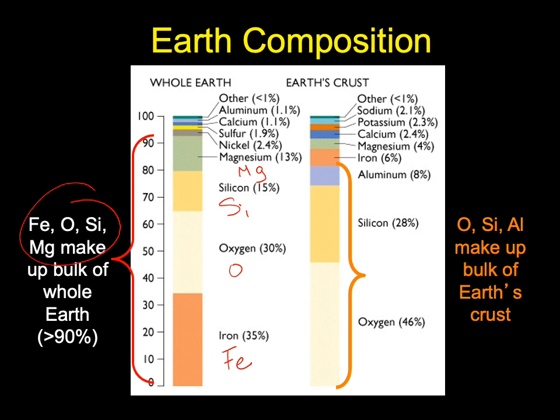If we then look at just the Earth's crust, what you'll notice is that there's a couple of elements that are still very abundant in the Earth's crust, namely the silicon and the oxygen. But what actually happens too is that the 3rd most abundant is now going to be aluminum instead of iron or magnesium. This is really important because iron and magnesium are heavier or denser elements than aluminum is.